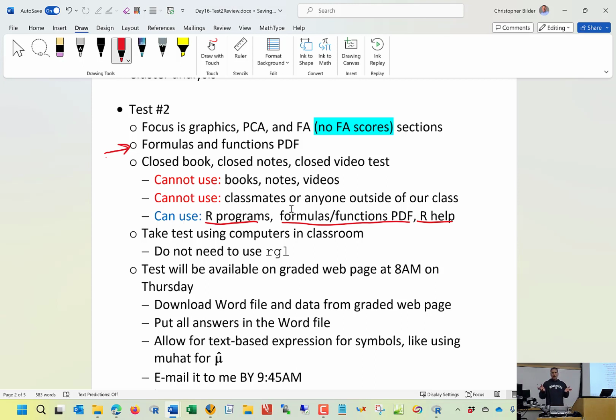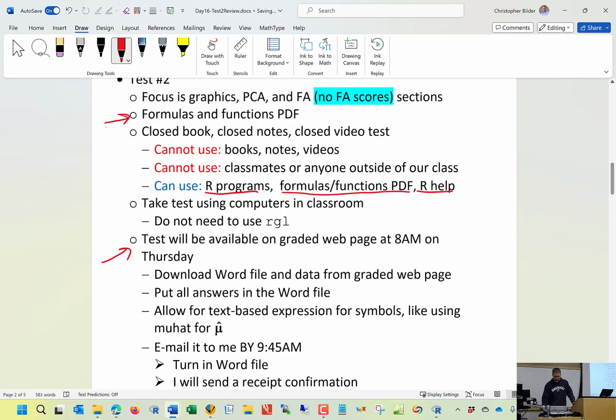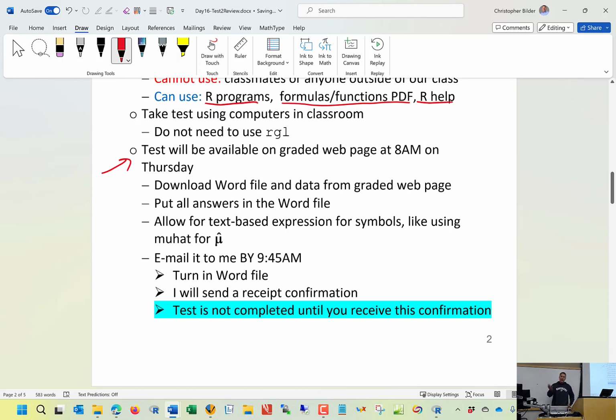These computers still are not set up for the RGL package, so you will not need to actually implement the RGL package, but I could ask you questions like, here's a 3D scatter plot of the principal component scores. Interpret it. We will start the tests at 8 a.m., at least I will make it available.